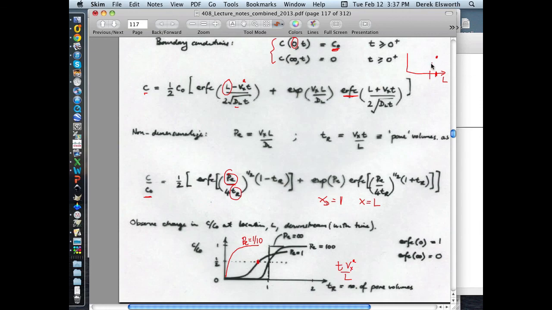Choose a different length, you'd end up with a different one. And basically, you could also reproduce the curves in terms of relative concentration that you have in space rather than in time at your compliance location. So nothing more than that. So I'll leave it at that for today.